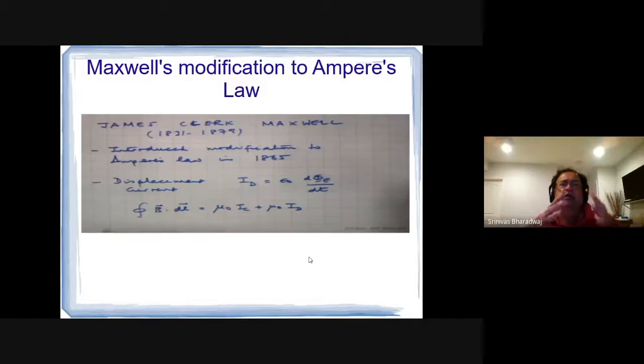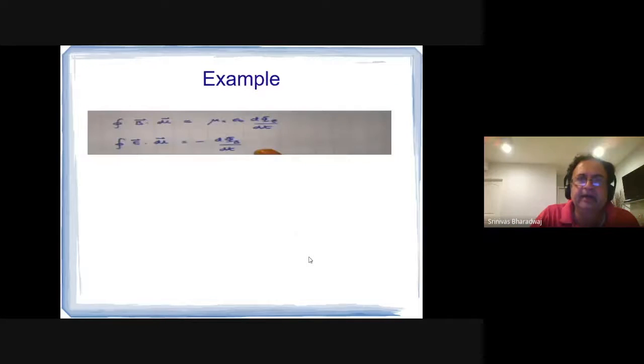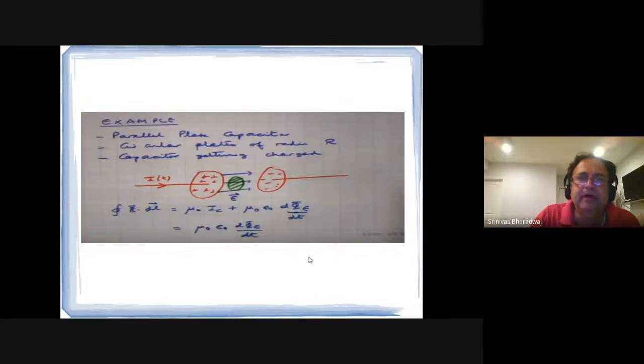So he recodified these laws into what are today called Maxwell's laws, and they form the basis of electromagnetic theory. Modern electromagnetic theory is built on Maxwell's 4 laws. Okay, and we will go over the 4 laws pretty soon.